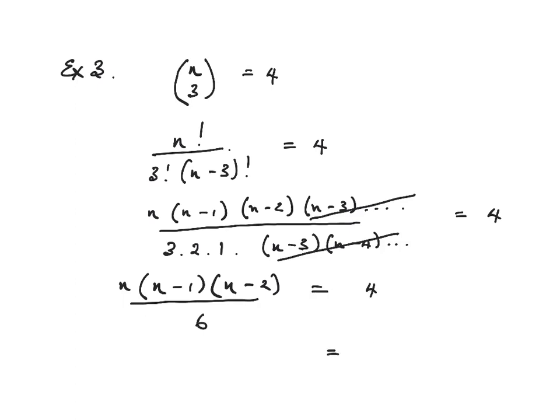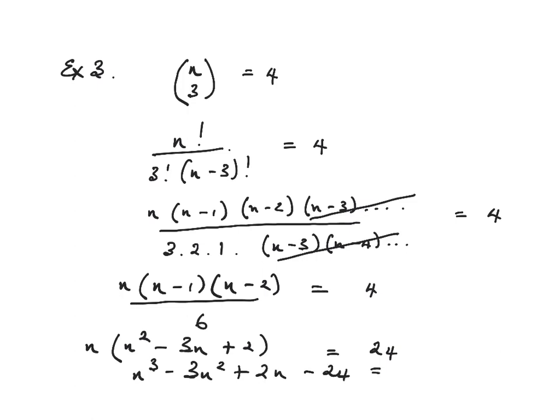So if I multiply by 6 I get 24, and what do I have here? I have n, if I expand the two brackets I have n squared minus 3n plus 2, and I then have n cubed minus 3n squared plus 2n, and I'm going to take the 24 over and write it like so.